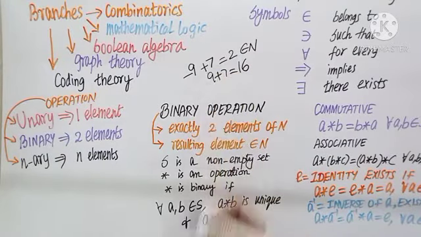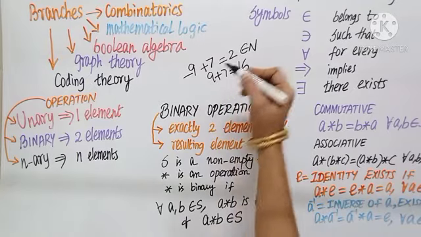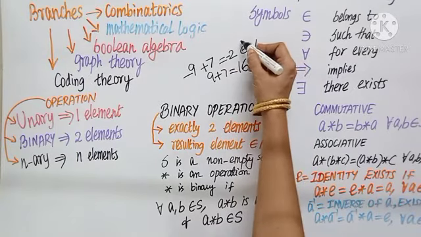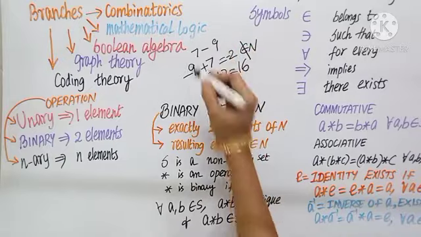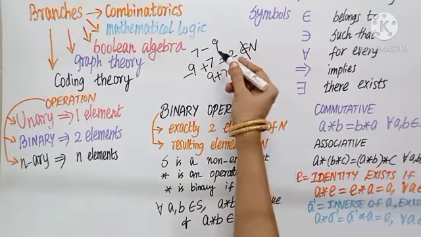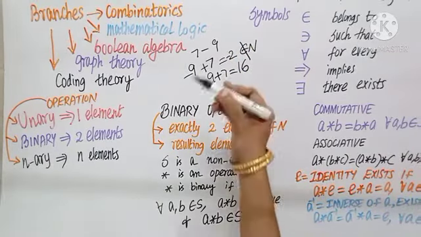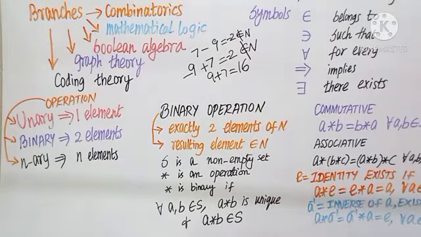So 7 minus 9, my answer is minus 2. That does not belong to N. So subtraction is not binary in natural numbers. 7 is a natural number. 9 is a natural number. When I perform the operation subtraction, my answer is minus 2. That does not belong to N. Therefore, subtraction is not binary in N.